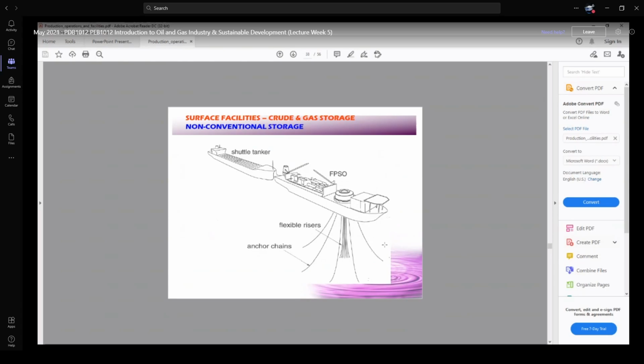Okay, another is the non-conventional storage. Non-conventional storage means it's a movable storage tank. It's not fixed, right? We produce from different wells, and we gather the hydrocarbon from the different wells to a common location, right? From there we send this stream for processing.